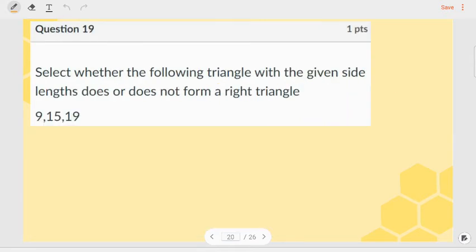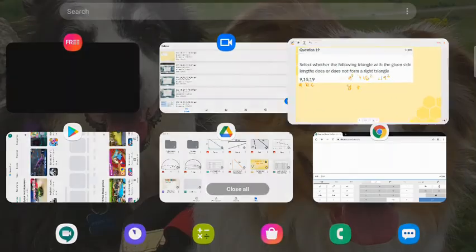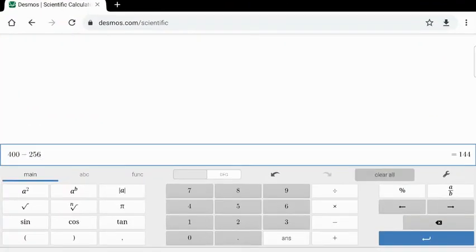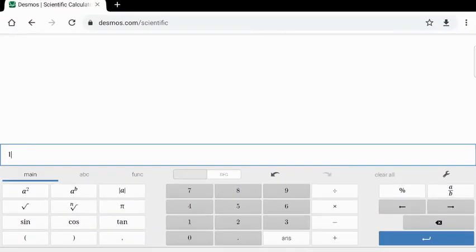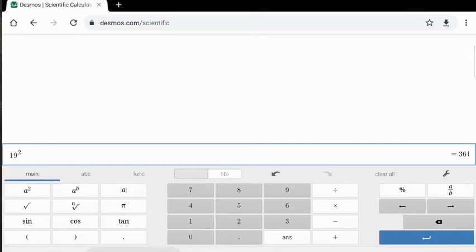Select whether the given sides do or do not form a right triangle. So here we go. A, B, C. 9 squared plus 15 squared equals 19 squared. 81 plus 15 times 15. 15 squared is 225. 19 squared is 361.